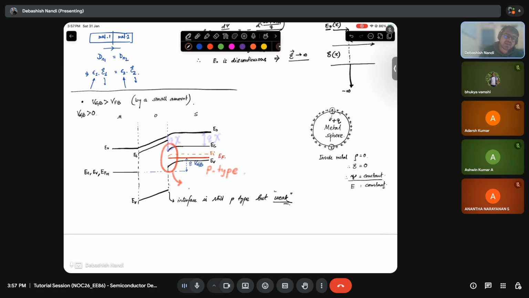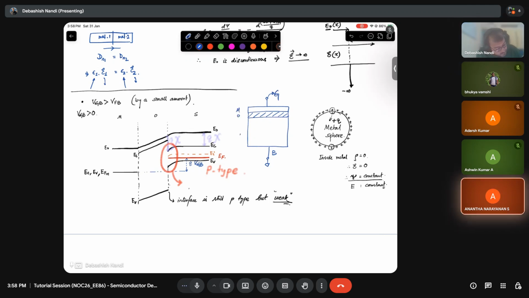So what is happening in this condition? What is happening inside the MOS capacitor? So depletion region gets formed in the body, right?